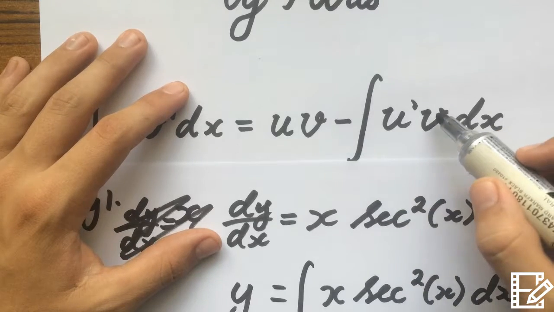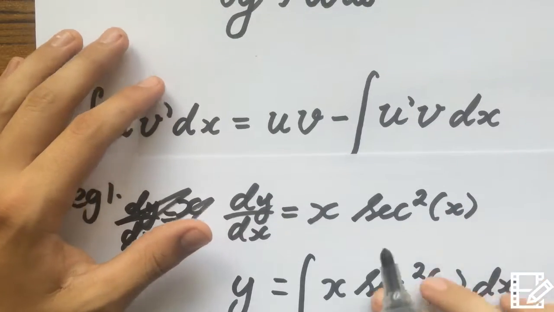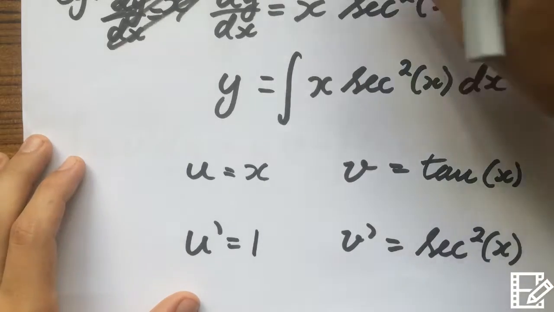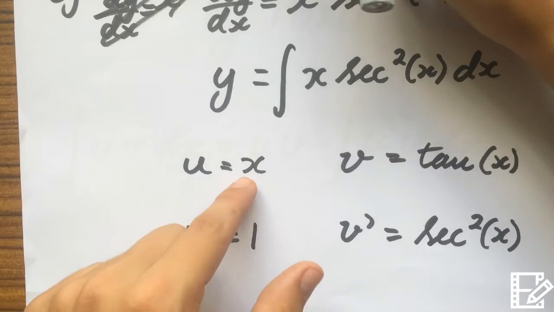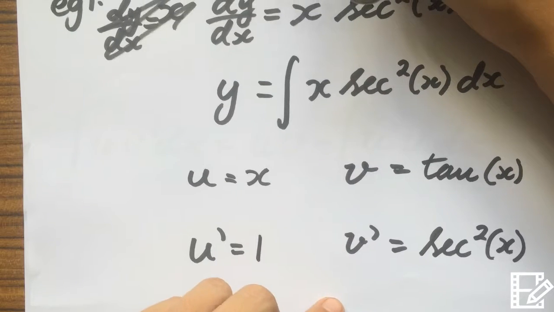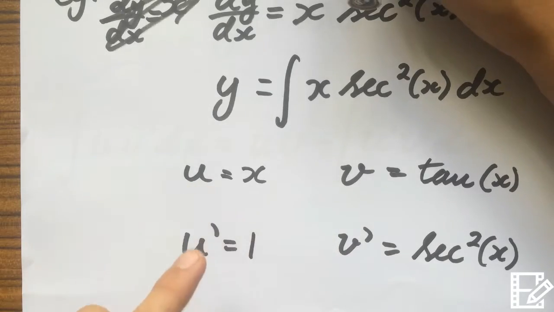So when we have 1 times this, it'll just be v. Therefore, we have less to work with and less to worry about. That's why I picked x there, because it becomes 1 when it's derived, or it simplifies much easier than this would if I were to derive it.